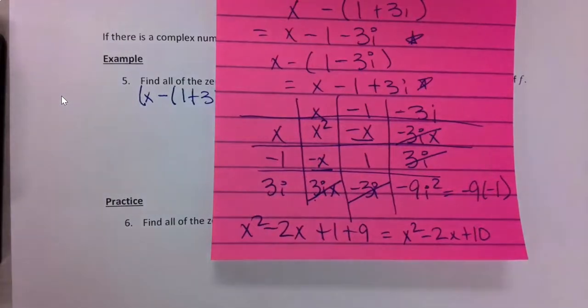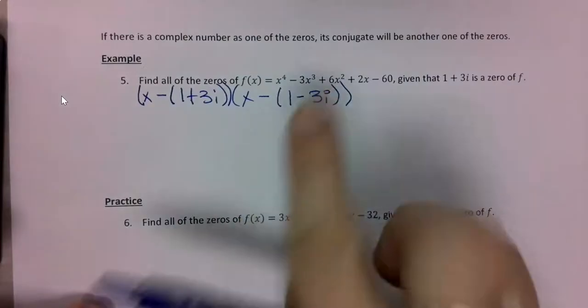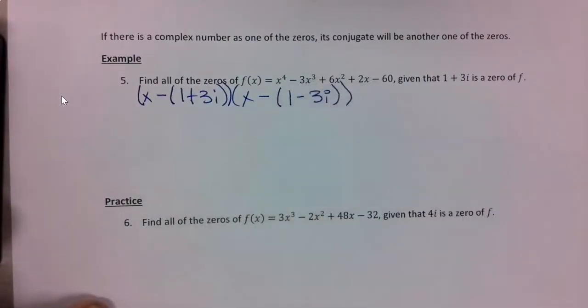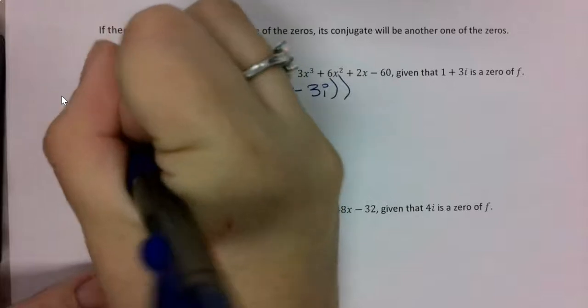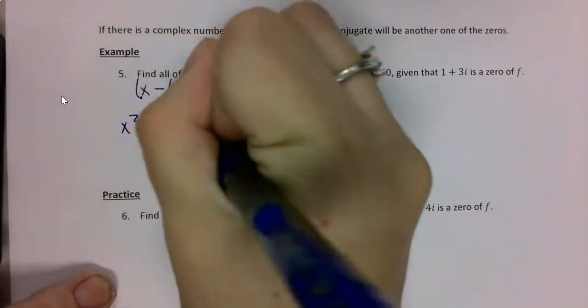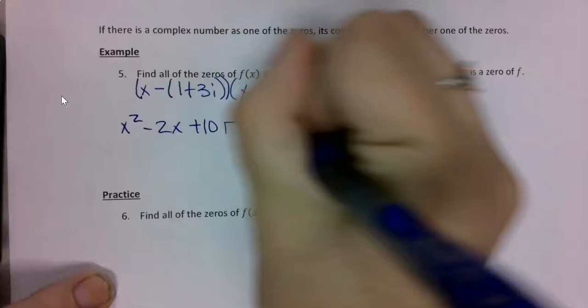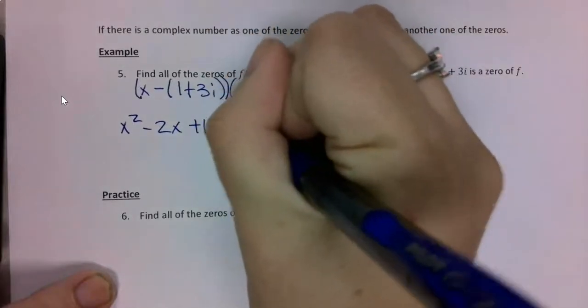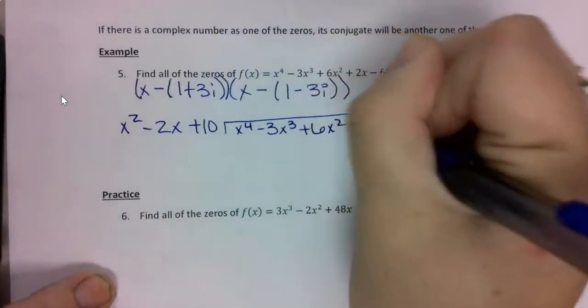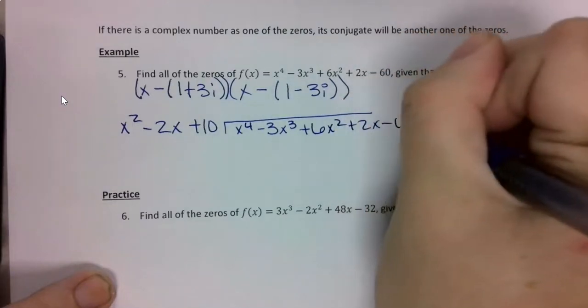So then what I want to go ahead and do is, with my original polynomial, I'm going to use long division here and divide it by that factor I just got. So I got x squared minus 2x plus 10, and I'm dividing into x to the 4th minus 3x cubed plus 6x squared plus 2x minus 60.